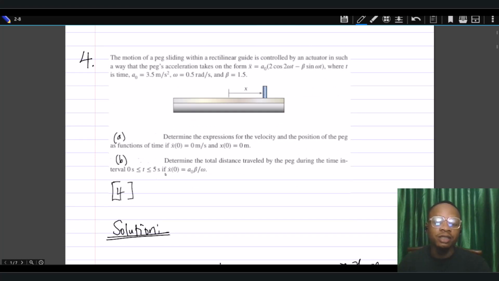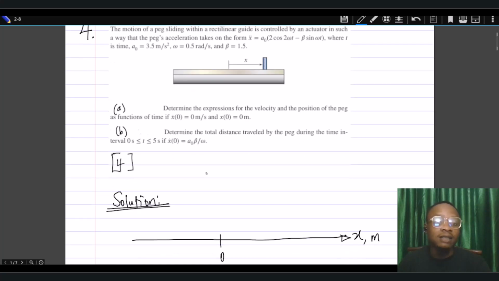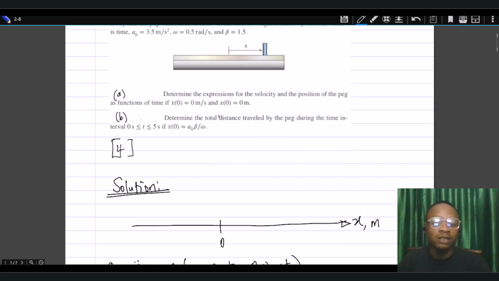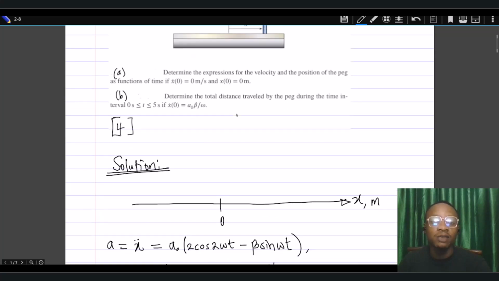Now, if this statement was not part of it, if it just says determine the total distance traveled by the particle during the time interval 0 to 5, without the condition that x dot at 0 equals this, then you would just use the result you have obtained here for x and v to find out what the turning point is, and use that expression for x as well to find the total distance traveled. But that is not the case here, so you must always pay attention to whatever conditions are provided before you go ahead with the problem.